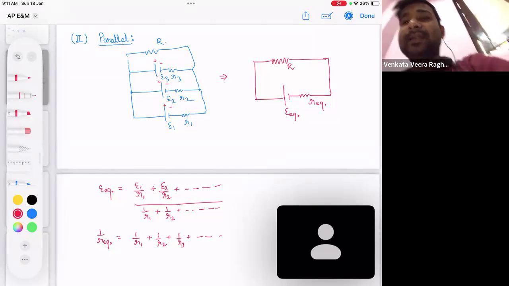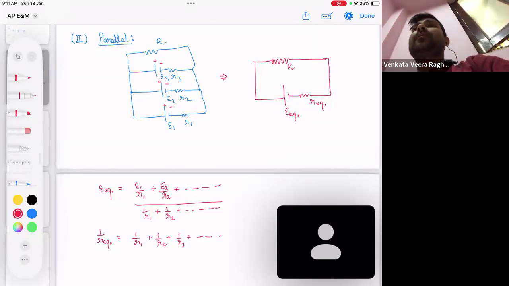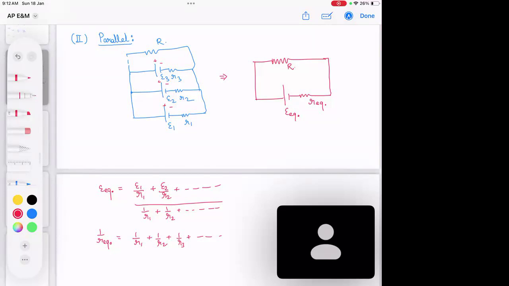Please tell me, is this part clear? Yes, sir. Clear.